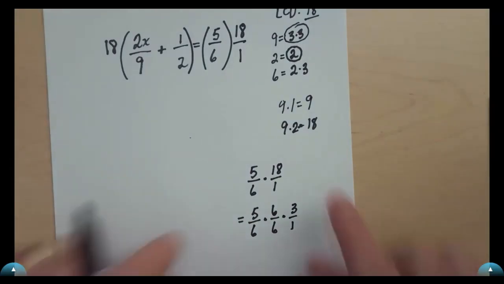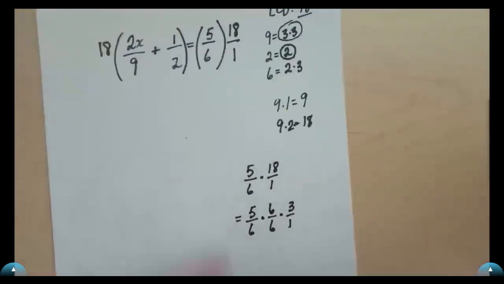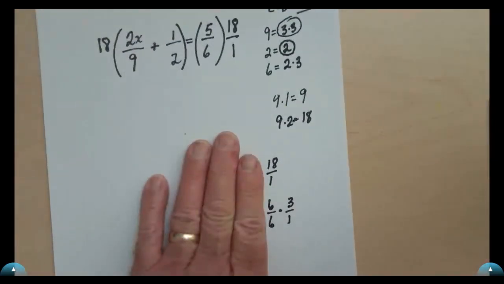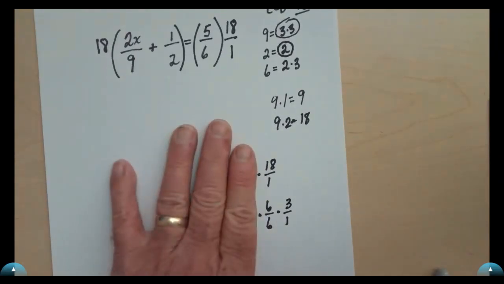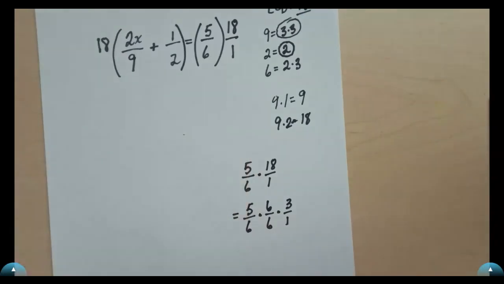Here's why I say that these two things are the same. Do y'all see that 18 over 1, remember we talked last week about that when we multiply fractions, all we do is we multiply the two top numbers, in this case 6 times 3, and we multiply the two bottom numbers.